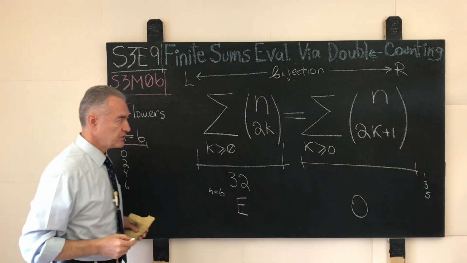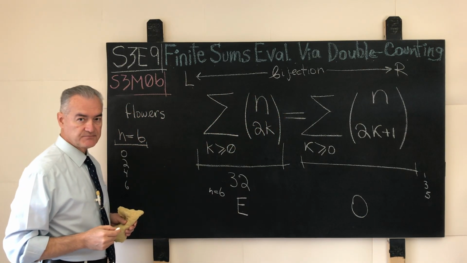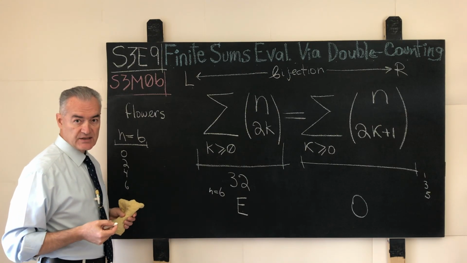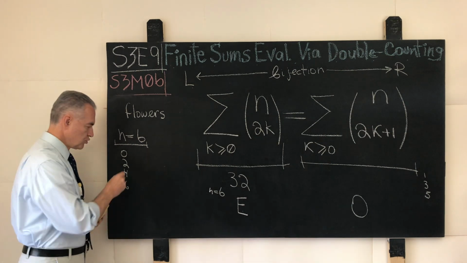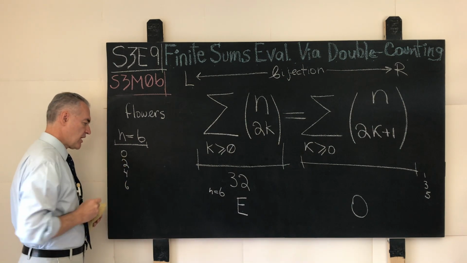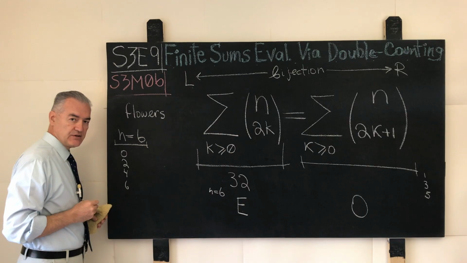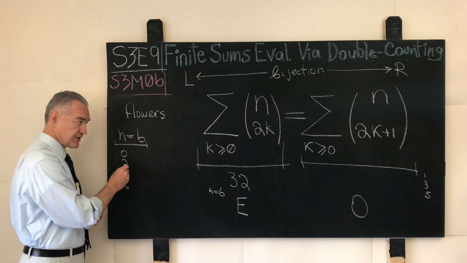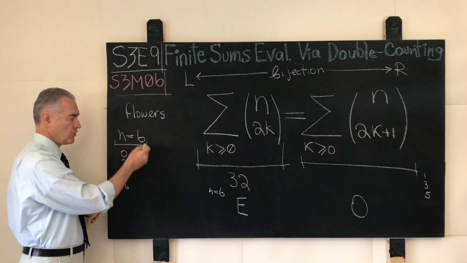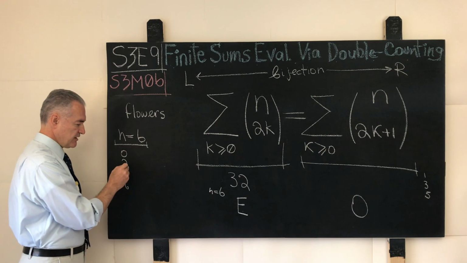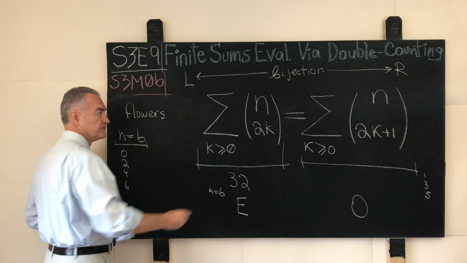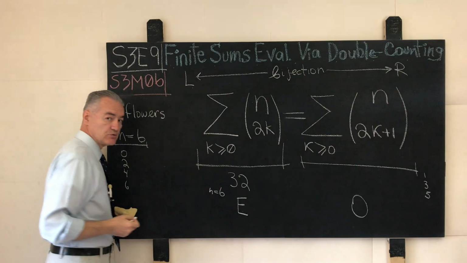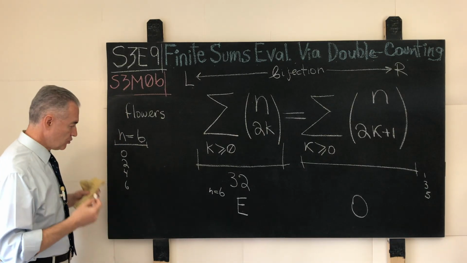Again, at this point, it should be evident that the number of bouquets that have, for example, 2 distinct flowers in them, is equal to the number of ways in which 2 flowers can be selected from the set of 6 flowers. And that number is given by n choose 2k. In this case, k is equal to 1, and so on.